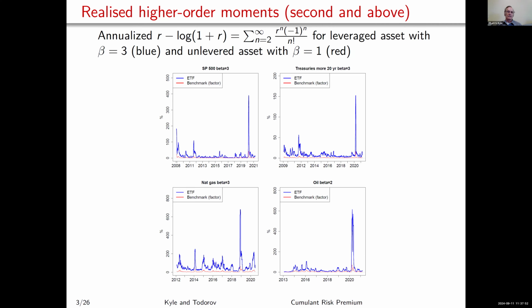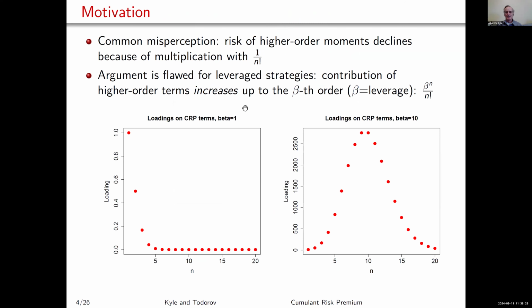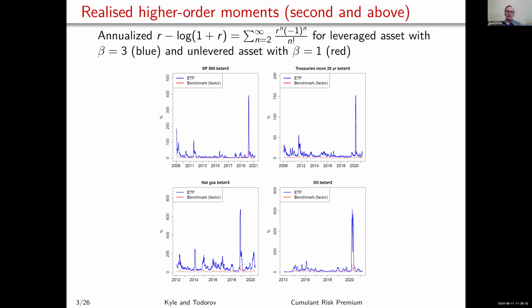But the other thing to notice is that R is different from the log of 1 plus R. And most importantly, for our purposes in this paper, if you compare the benchmark, which is a leverage of 1, with the actual ETF, which in this case is a leverage of 3, the blue lines that measure the higher order moments look kind of like magnified versions of the red line, but the magnifying factor is more than a factor of 3. And as we're going to point out, it's more like 3 squared rather than 3. That's the way these things work.